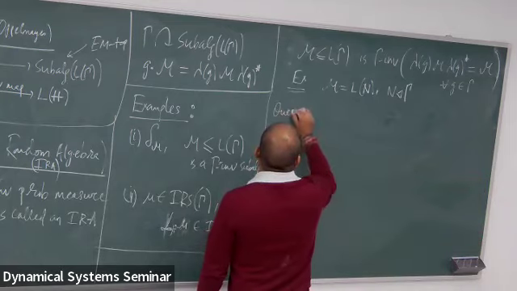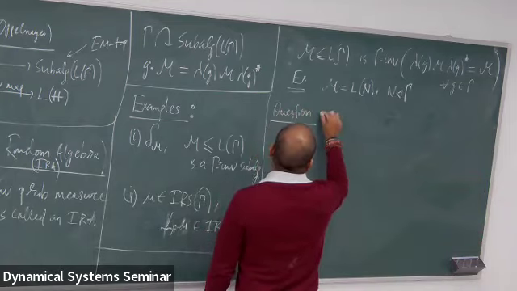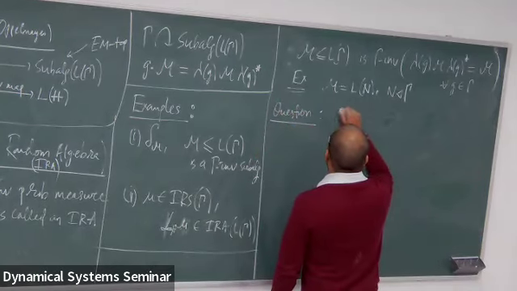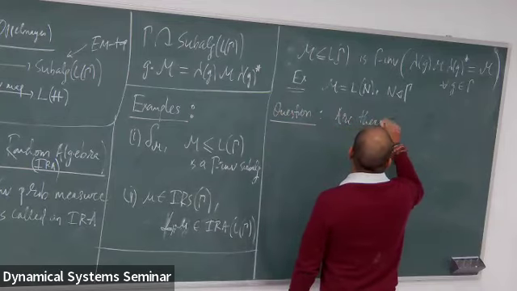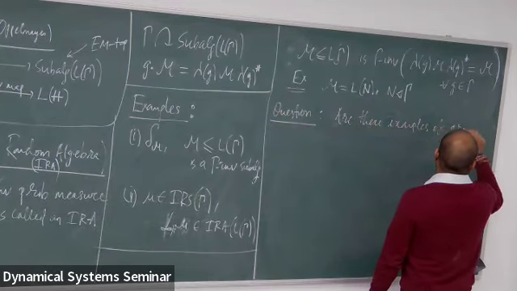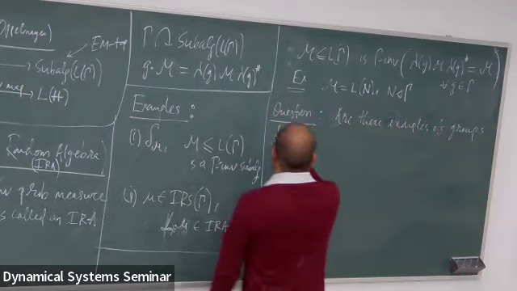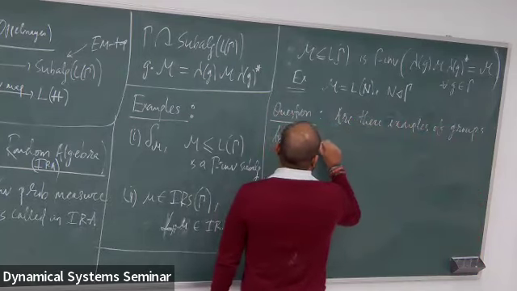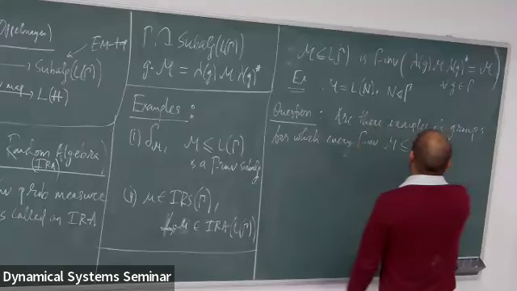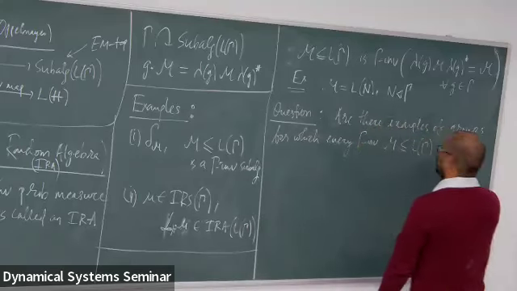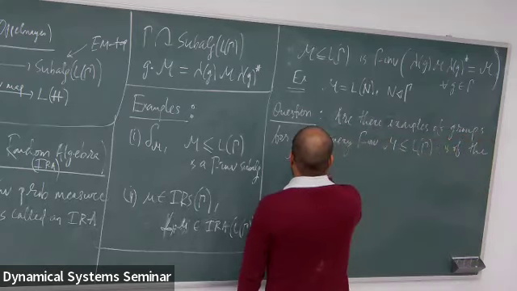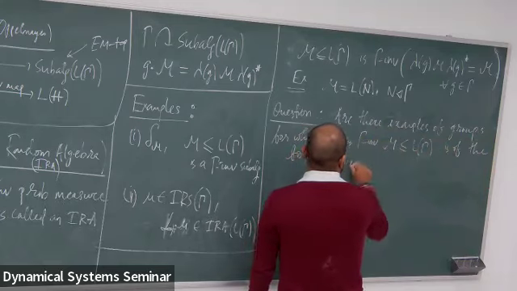So the question that people asked in the beginning was, are there examples of groups for which every gamma invariant subalgebra M inside the group von Neumann algebra is of the form L of N for some normal subgroup?